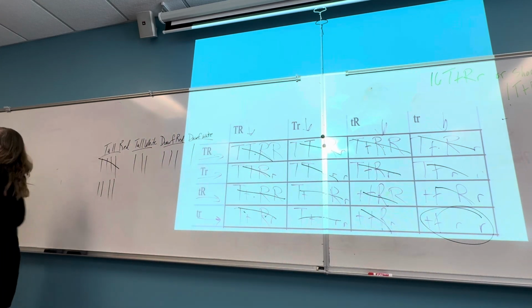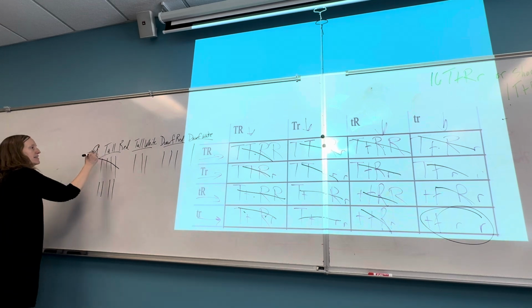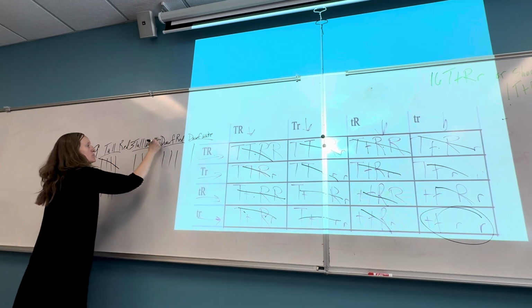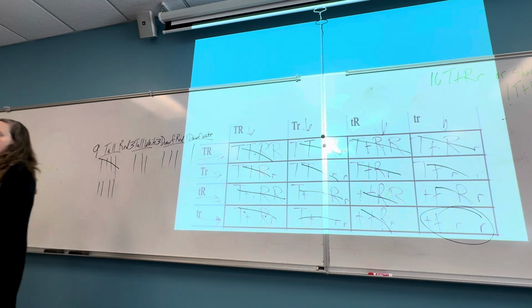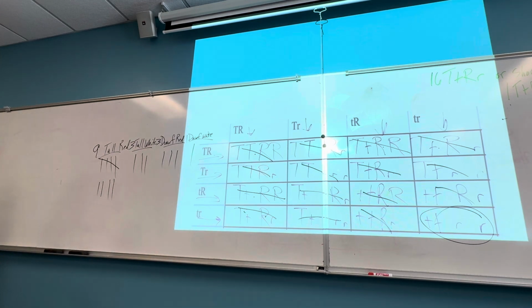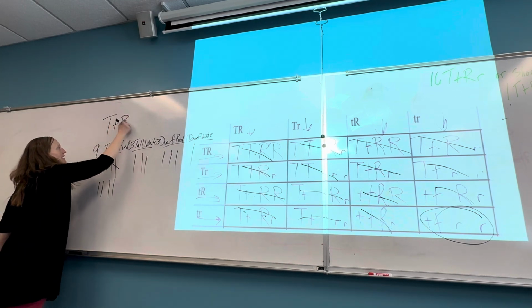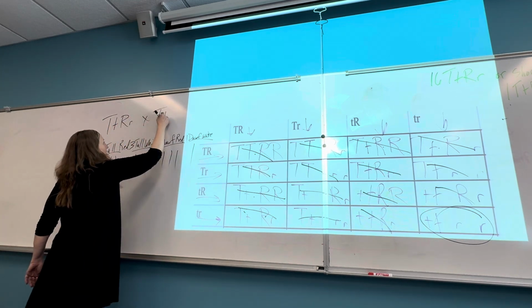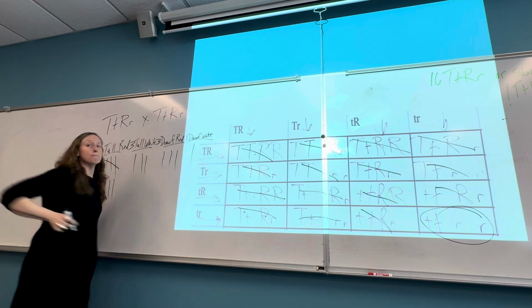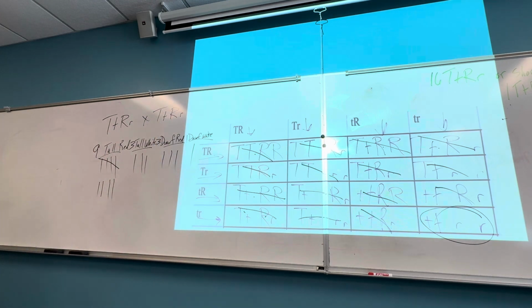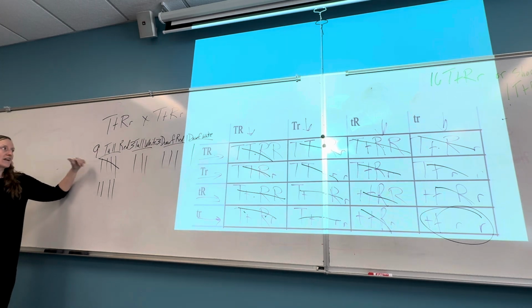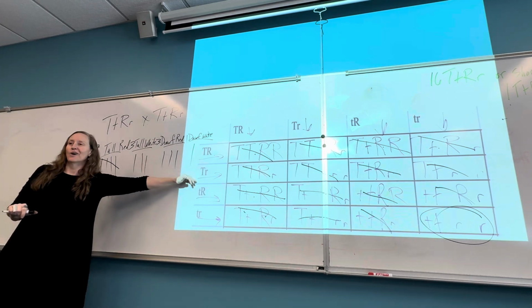Now I add them up. I've got 9 of these, and 3 of these, and 3 of these, and 1 of those. Whew. Our phenotypic ratio, when we have 2 parents, when both parents are heterozygous for both traits, you get a phenotypic ratio of 9 to 3 to 3 to 1.